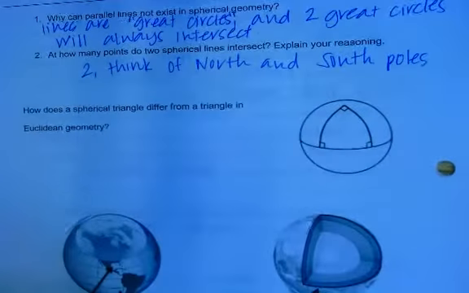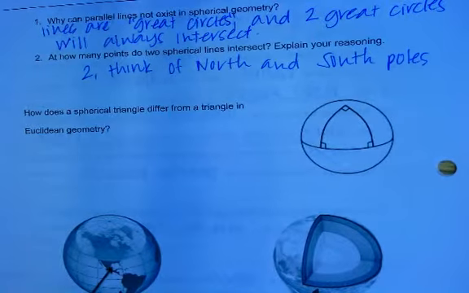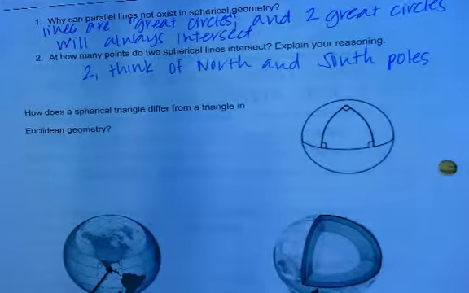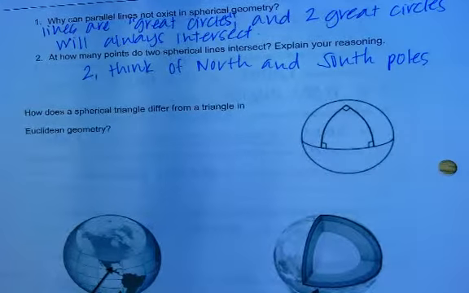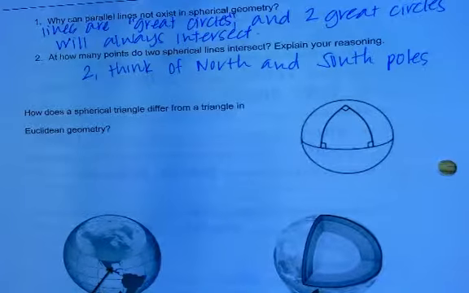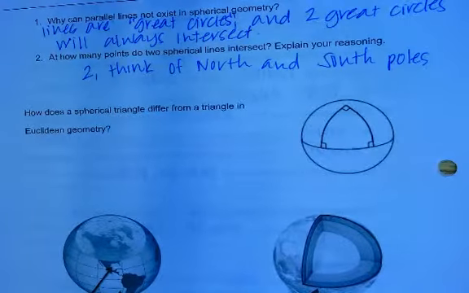How do they differ? If you were to flatten the spherical triangle out, it would have a curved edge. So, curved edges.